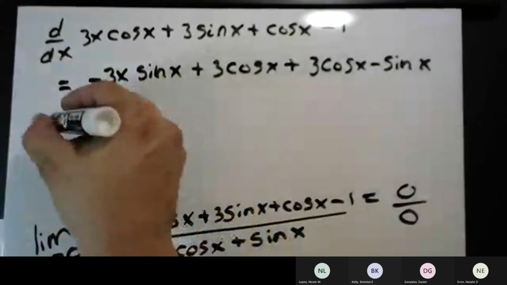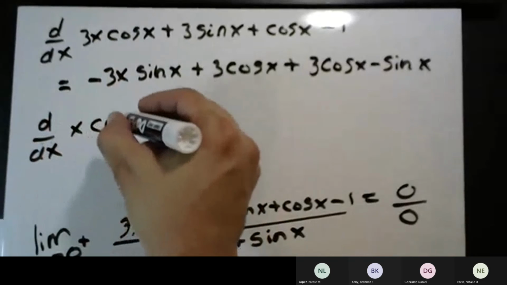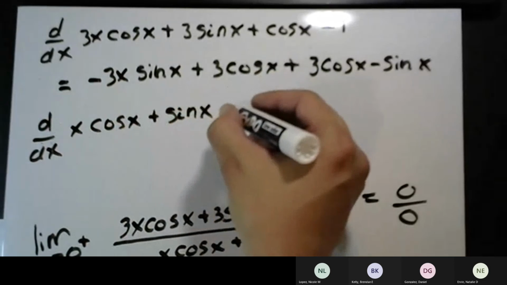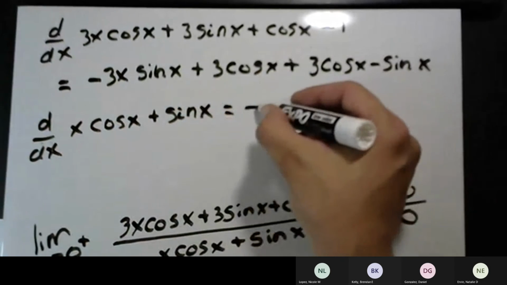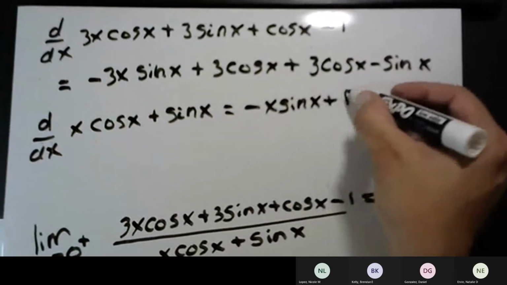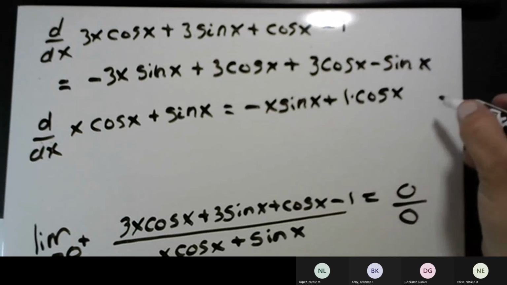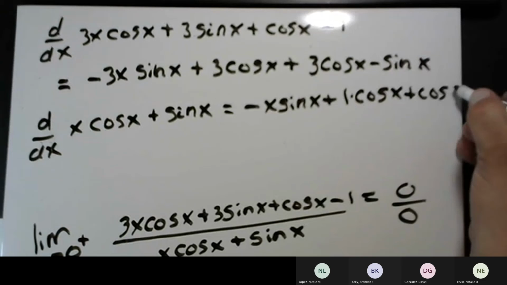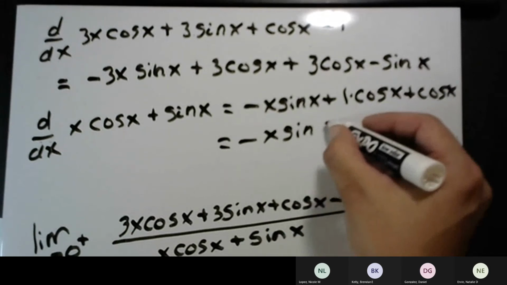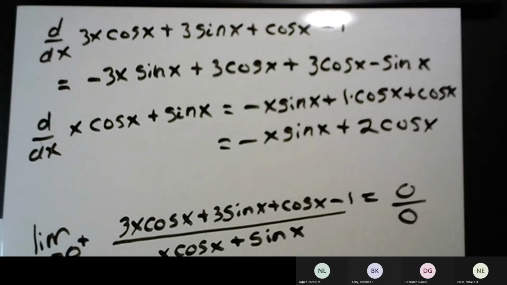Cool. And then for this one, we'll take the derivative of the denominator. So negative x sine x plus 1 times cosine x plus cosine x for the negative x sine x plus 2 cosine x.